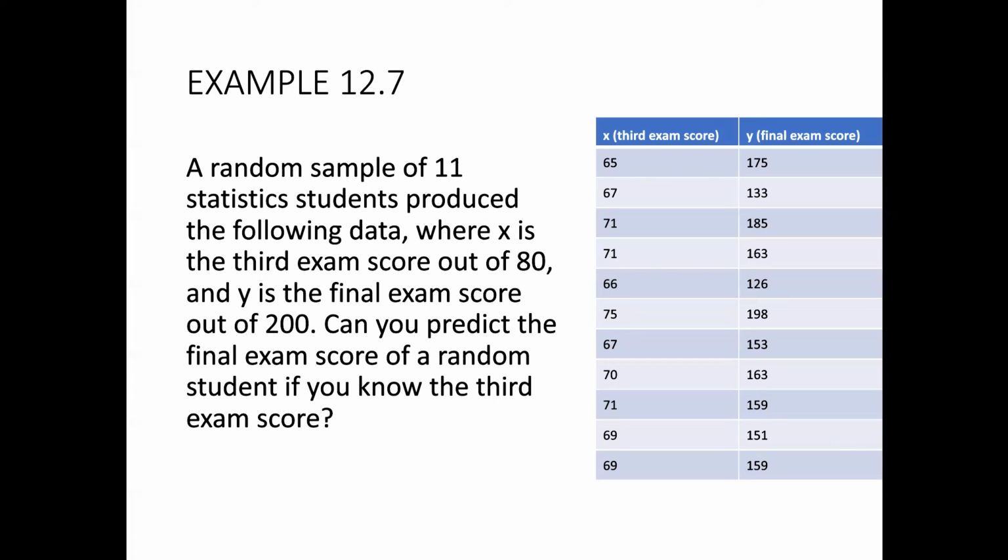So what did I say, 79? Can I use this to predict what someone would make on the final if they made a 79 on the third exam? Sure. How do I calculate what that value is? I'm going to do it by hand. You've got 2 ways to do this.